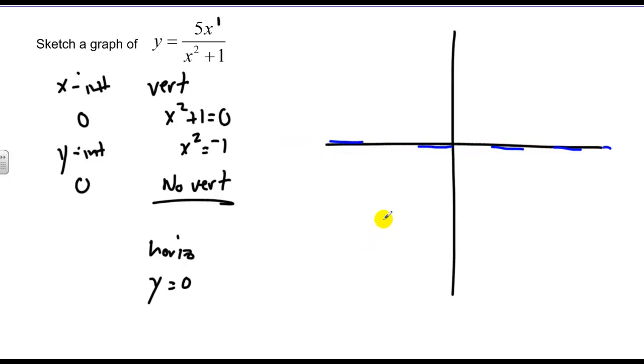And I know I have an x-intercept like so. But I don't know what's happening on either side, so once again I'm going to have to look to either side and plug in a point, f of 1 and f of negative 1. So when I do that, again I'll plug into this function here of 5x over x squared plus 1.